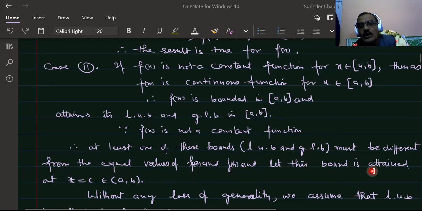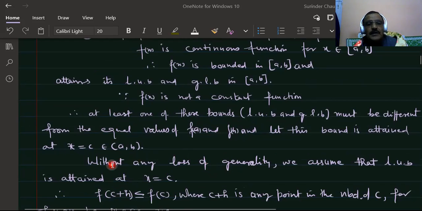So this bound is obtained at x = c, either the maximum value or the minimum value is obtained at x = c belonging to the open interval. Why the open interval? Because the values at a and b are the same constant. Now, without any loss of generality, we assume that the least upper bound is obtained by the function. This will be clear when we discuss the geometrical interpretation of this theorem.